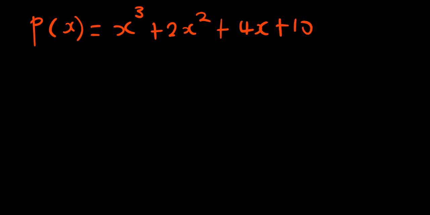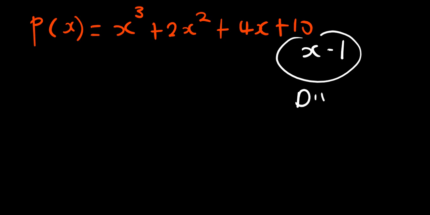Let's say we're dividing by x minus 1. This is called the divisor. You can also call it the factor. You have to understand those for you to understand the remainder theorem.